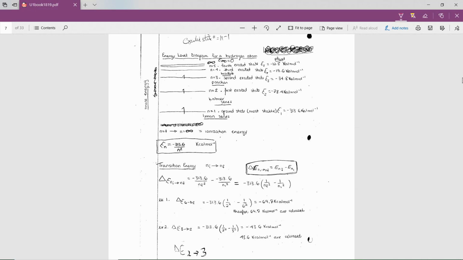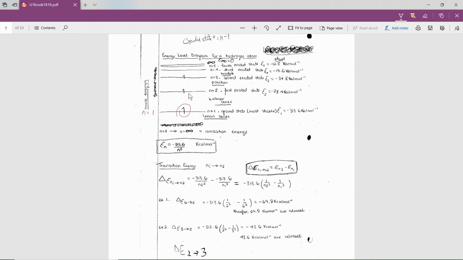So thousands of calories, that's energy per mole. A mole, remember, is 6.02 times 10 to the 23 atoms. In the ground state, we have n equals 1. That is our most stable situation. It's called the ground state. The electron, which I represent by this half arrow, is sitting most of the time in its ground state.